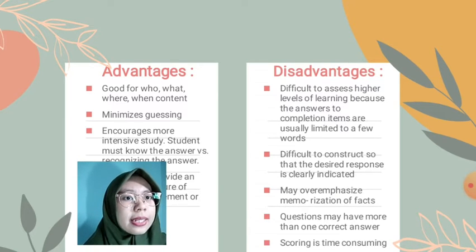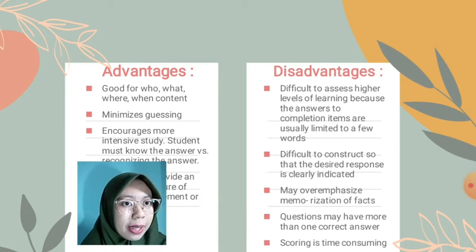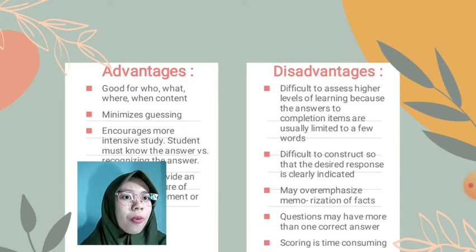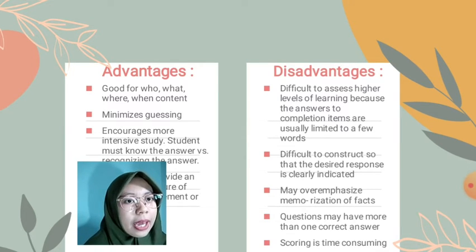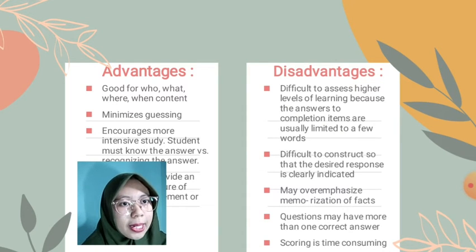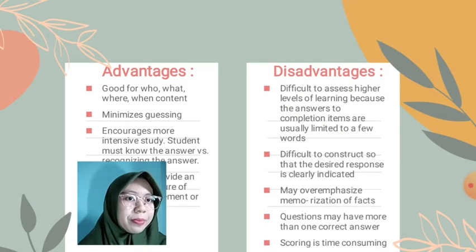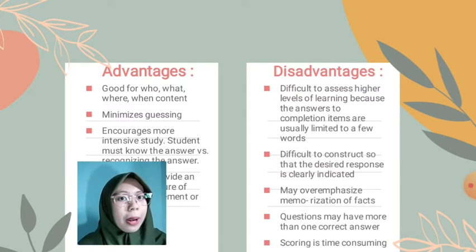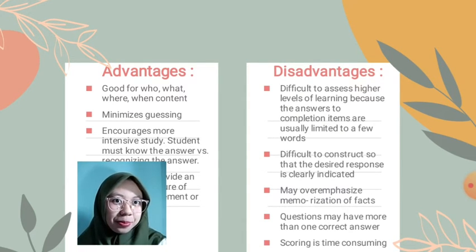The third is may overemphasize memorization of facts. Number four is question may have more than one correct answer. And the last one is scoring is time consuming. Okay, now we are going to the next slide.